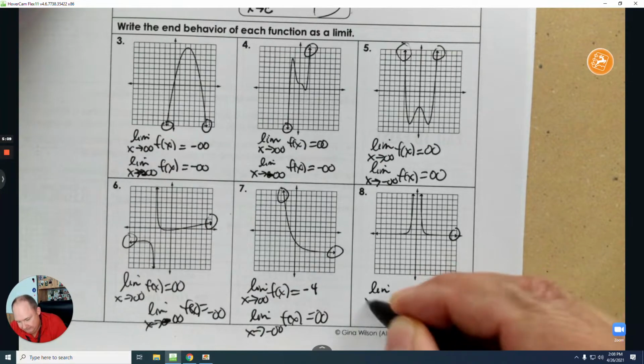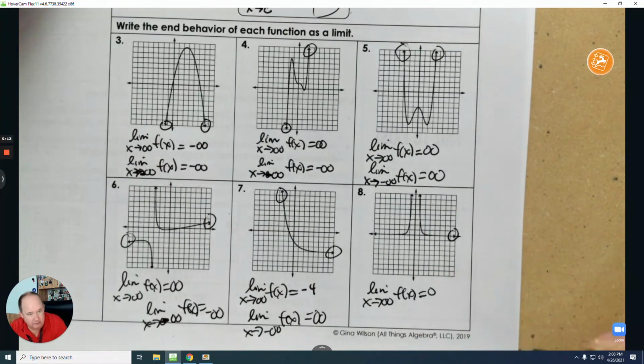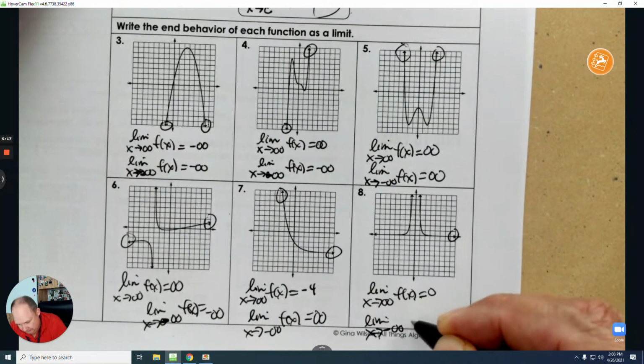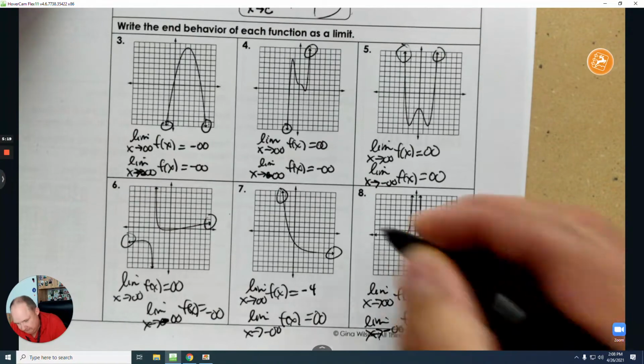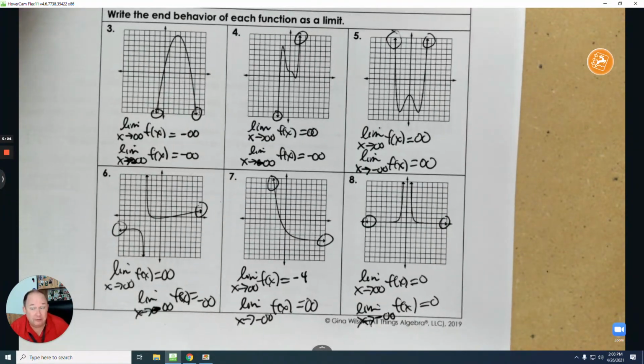The right end of the function is approaching 0. The left end of the function is also approaching 0. So both the left and the right end are approaching 0. So a new way to describe end behavior using limits.